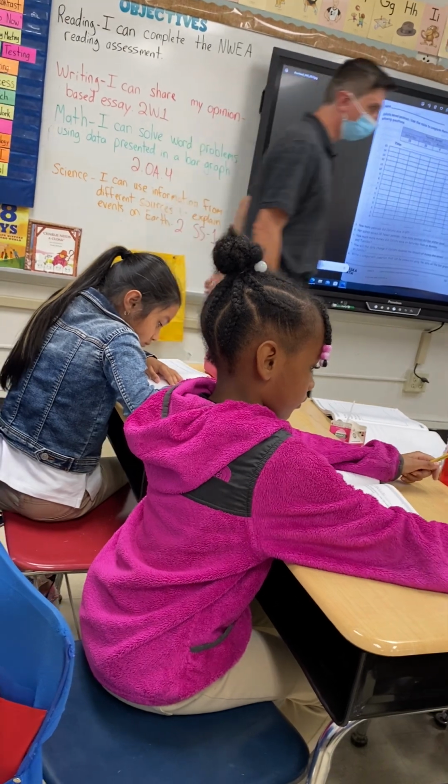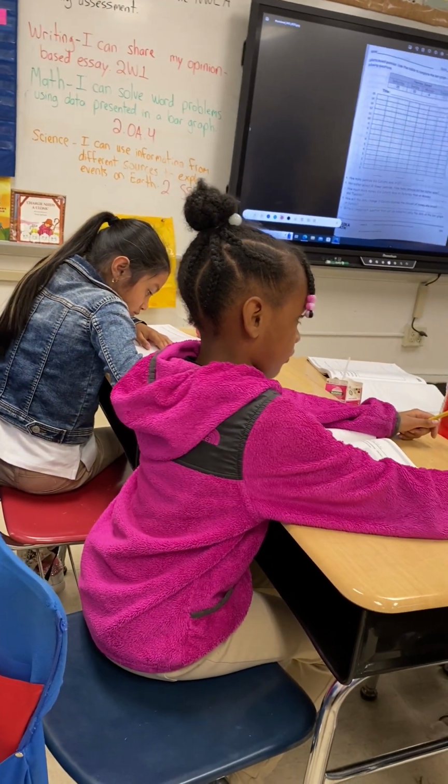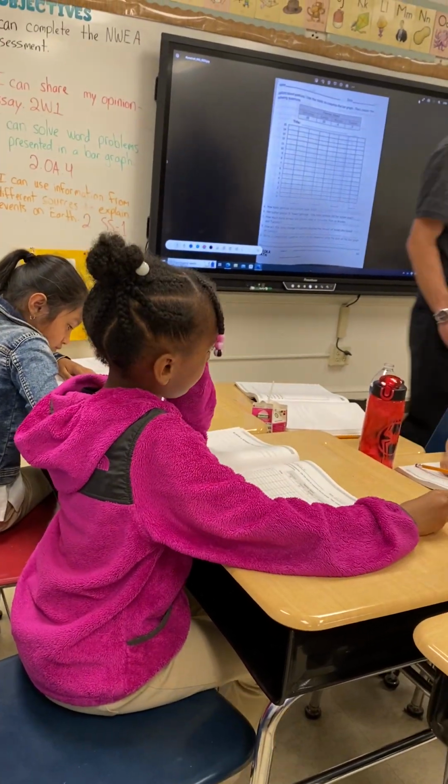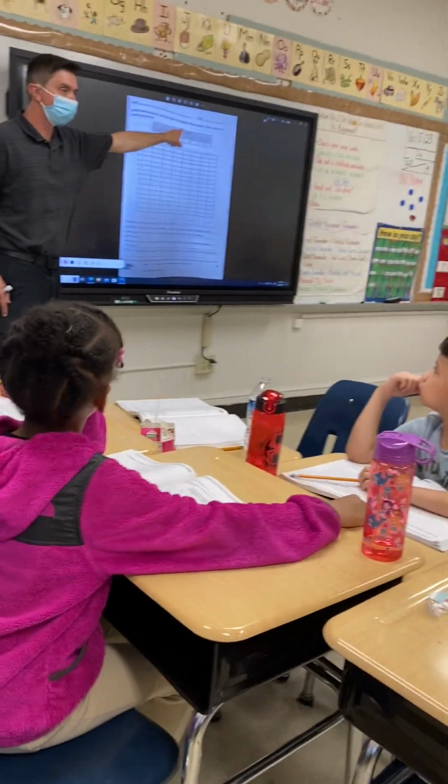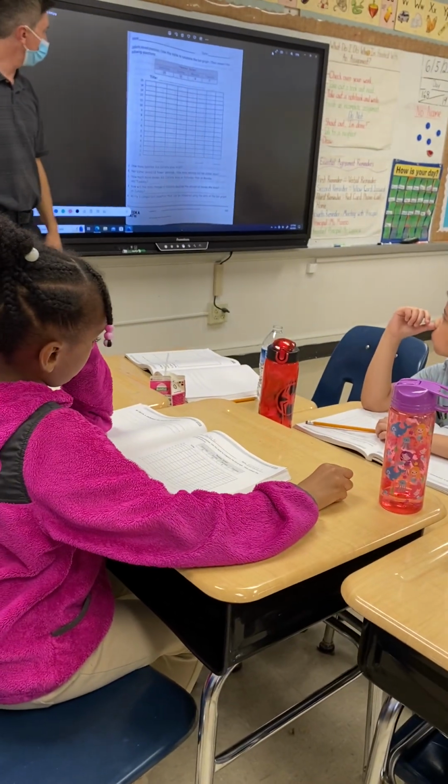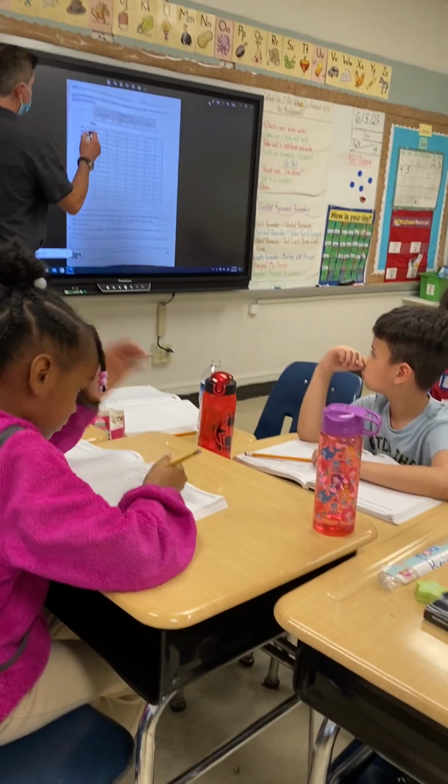Can you point to where it is? Yep, that's absolutely correct. And so she pointed to this. Can anybody read what it says? That's going to be our title. Haley? Pennies saved. Good. So let's all write in pennies saved.